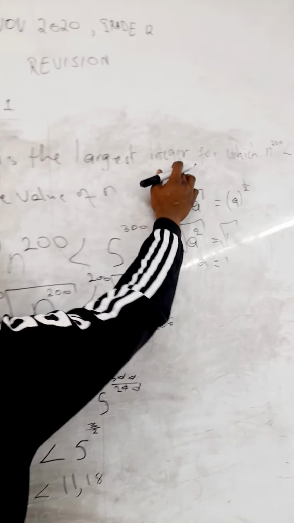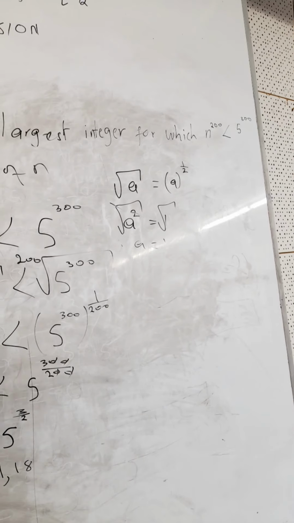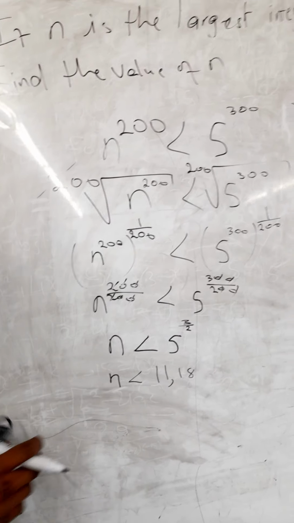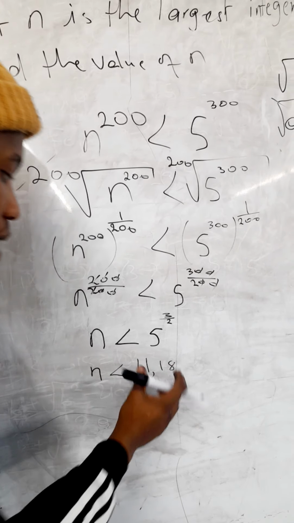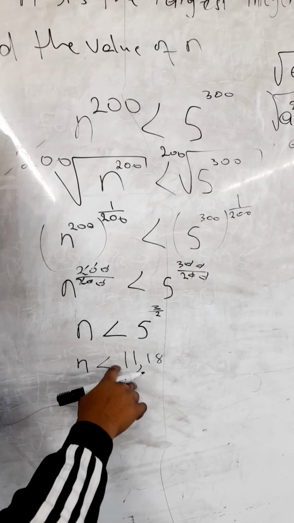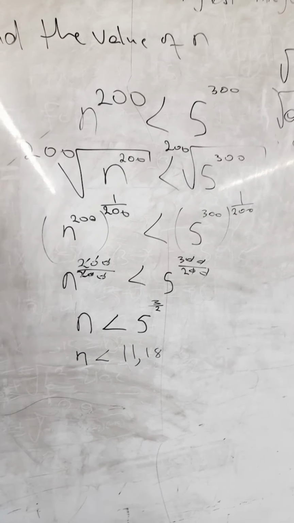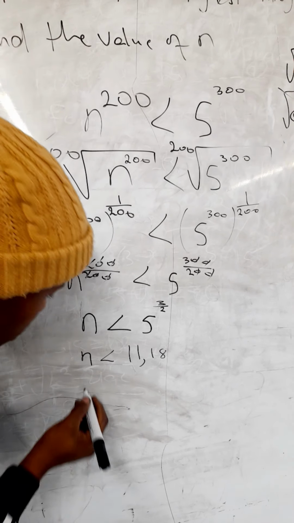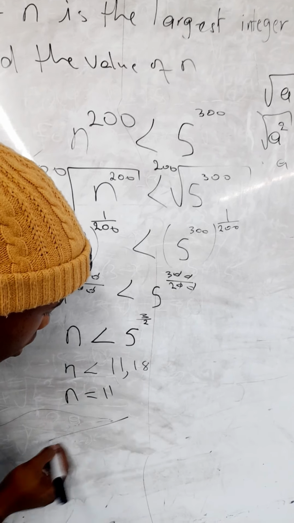So if n is the largest integer for which n to the power of 200 is less than that, this means that the integer that comes before 11.18 is our value of n, and therefore that integer is 11. Therefore our n is equal to 11.